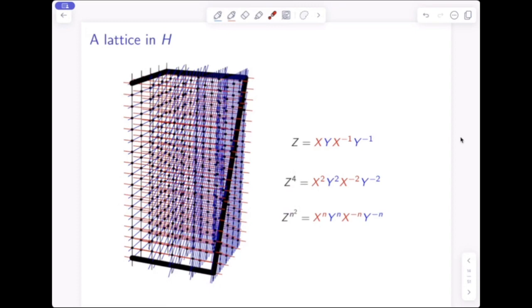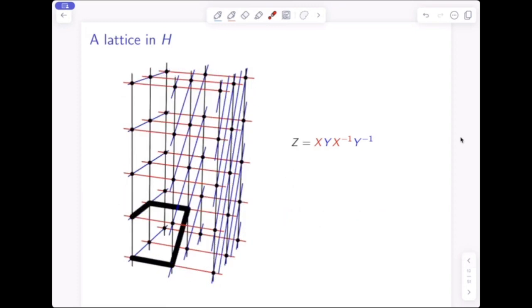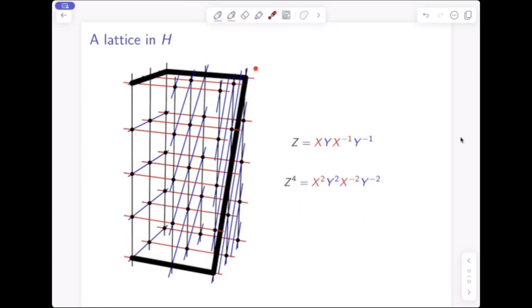And in fact, these spirals are all scalings of one another. If you start with the small spiral here, if you stretch the x coordinate by a factor of 2, the y coordinate by a factor of 2, and the z coordinate by a factor of 4, you get this bigger spiral here.